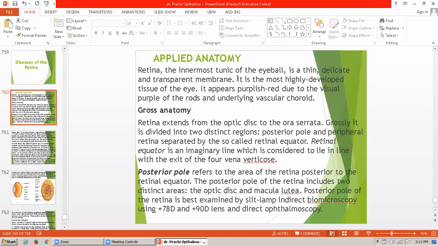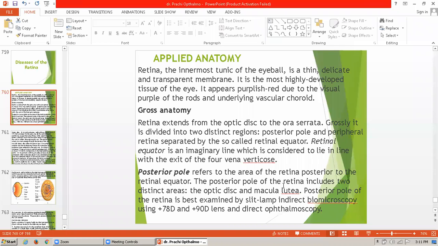The retina extends from the optic disc to the ora serrata, and it is grossly divided into two parts. First is the posterior pole, and second is the peripheral retina. These two parts are separated from each other by the retinal equator, which is an imaginary line, and the posterior pole is the area posterior to the retinal equator.